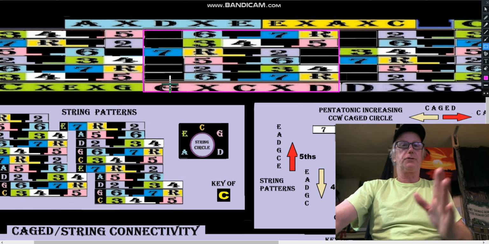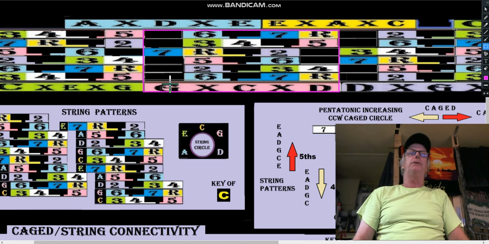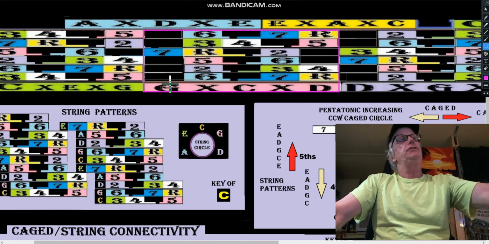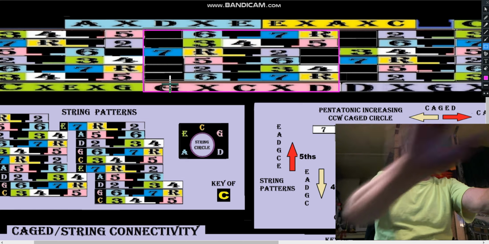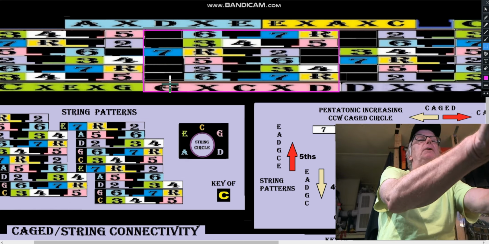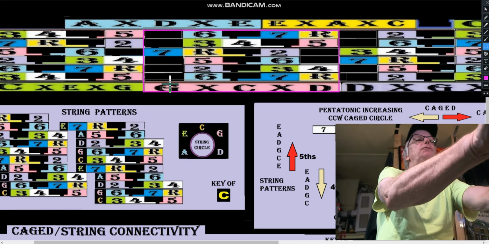The G shape, the G inversion in the caged pentatonic scale is 6 root 2 3 5. So that's your G pentatonic inversion.